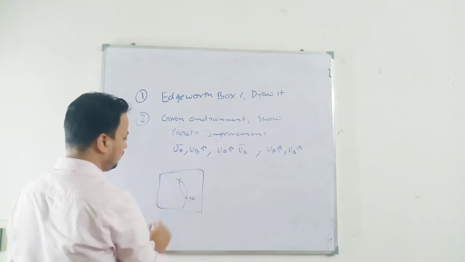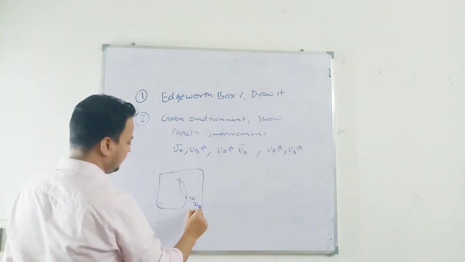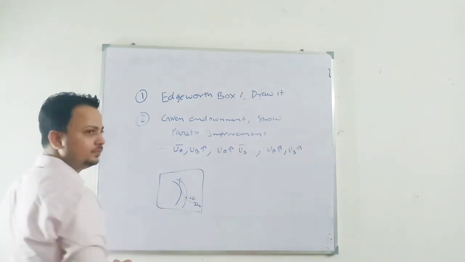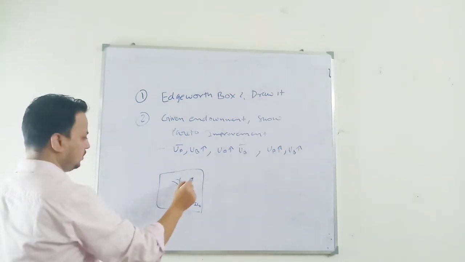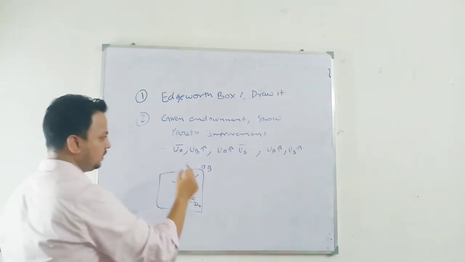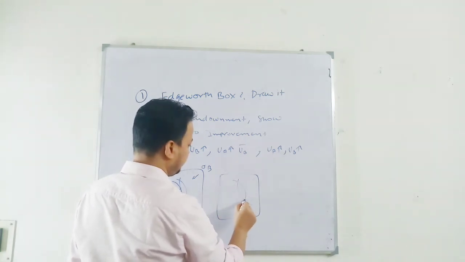Here you have the initial endowment, and this is the indifference curve of A, so keeping the utility of A the same, I increase the utility of B. Because the utility of B increases in this direction, it increases this one and this one. Suppose this is the initial endowment.